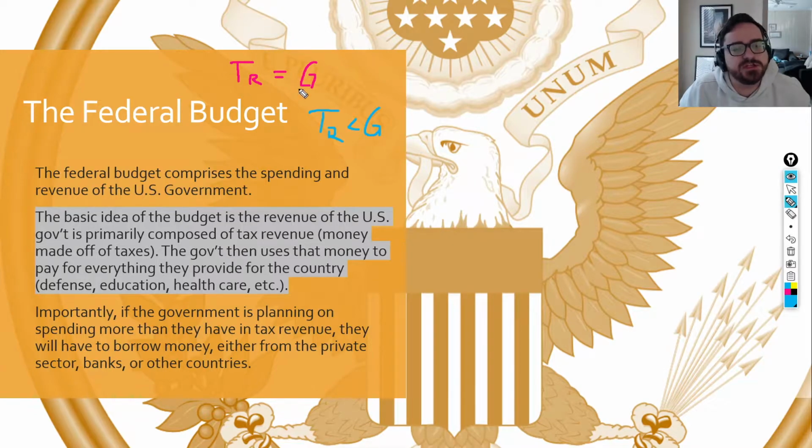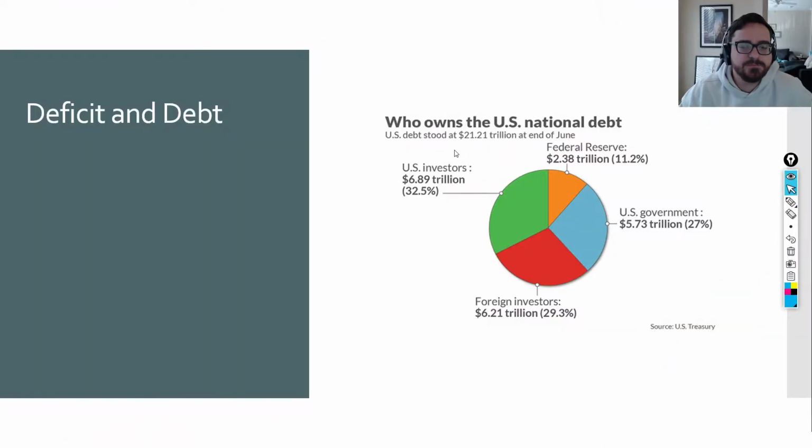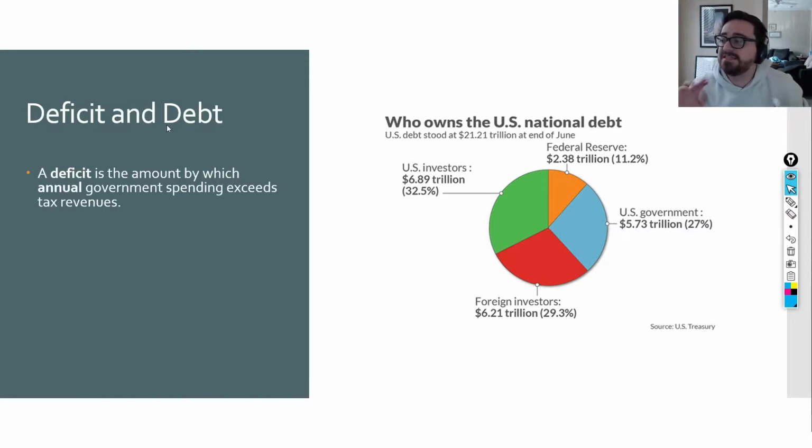And again, this is the equation to kind of have in mind when you're thinking budget deficit and budget surplus, which let's explain what those things are. So, deficit and debt. This is a thing that the news, I think, messes up quite a bit. So a deficit, which is what we'll be talking about most of the time in this class, is the amount by which government spending exceeds revenue.